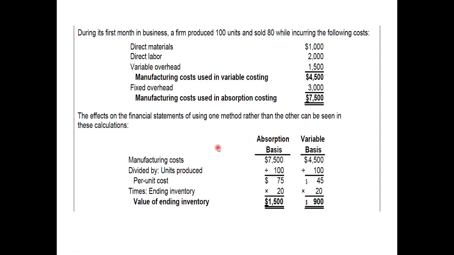This example will show us how to differentiate between absorption and variable costing. Direct materials, direct labor and variable overhead are included in the manufacturing cost used in variable costing, while fixed manufacturing overhead is added in the manufacturing cost used in absorption costing.